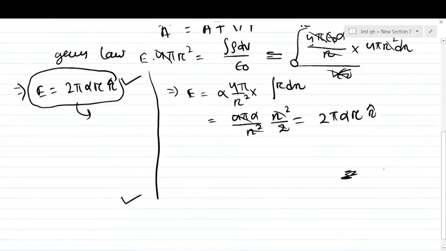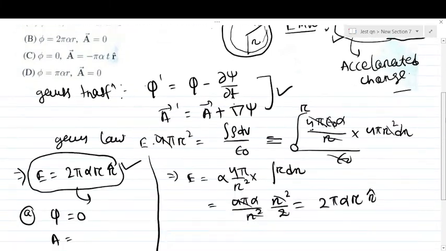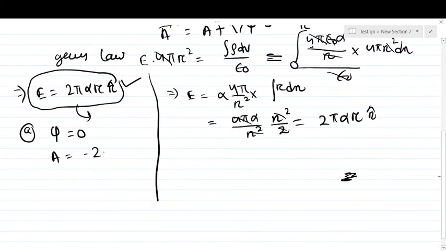Okay. From option A, if phi is 0 and A is equal to minus 2 pi alpha t r cap, then the electric field is equal to 2 pi alpha, and sorry, no r here, r cancels.